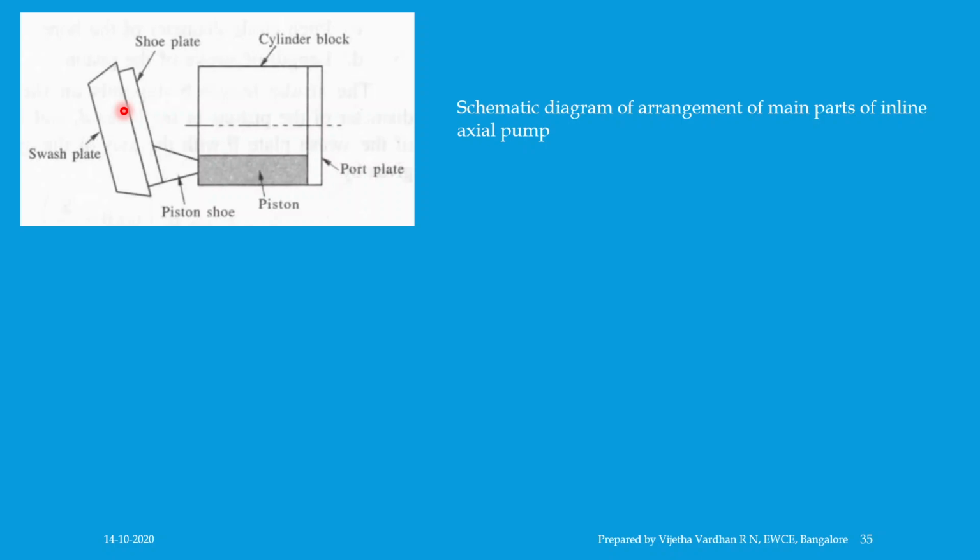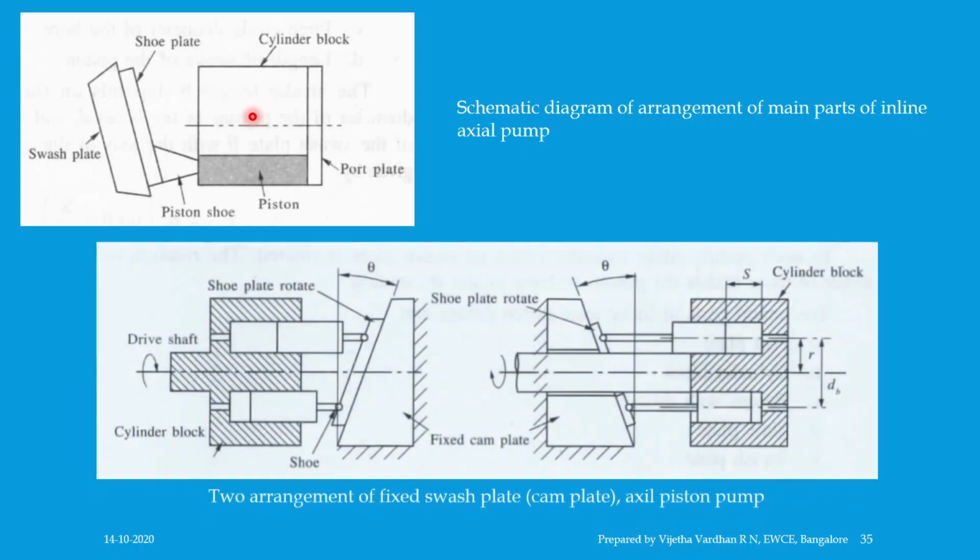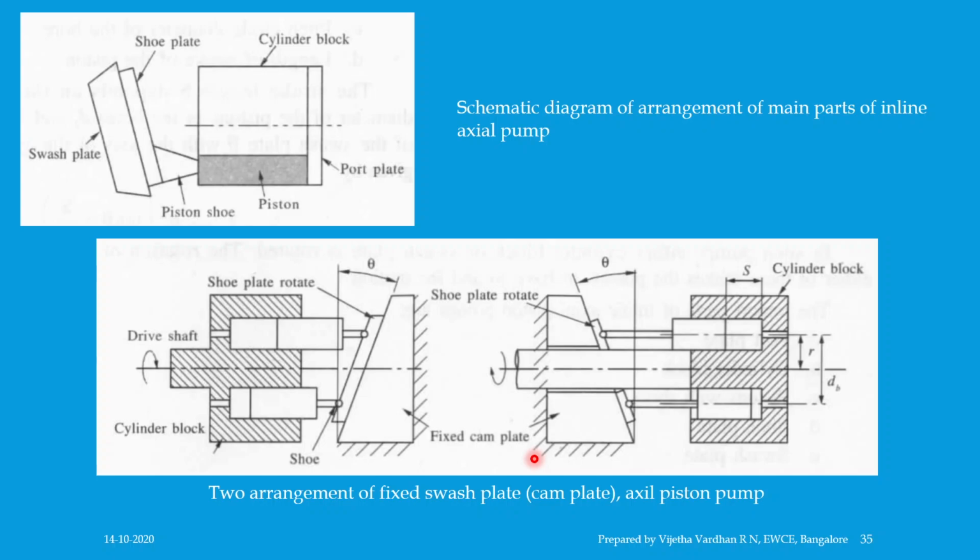And if the swash plate is rotating, then we call it a wobble plate. In case of a fixed plate, the cylinder block is made to rotate. The pistons, piston shoes and the shoe plate all rotate against the fixed swash plate, and the two arrangements you can see in the following figures.